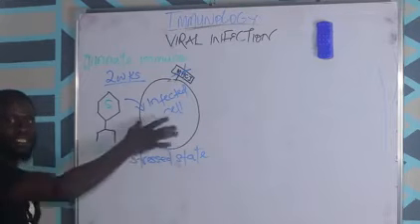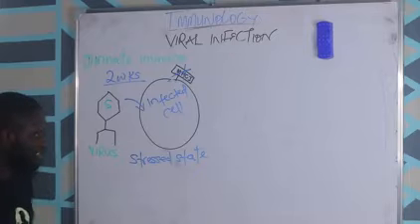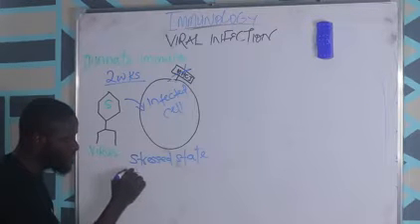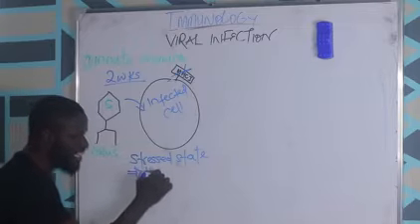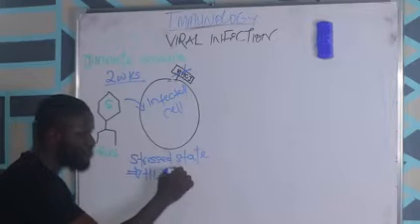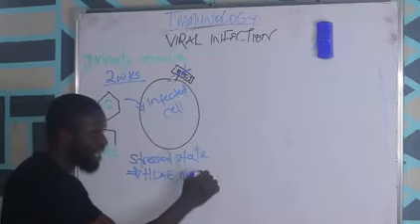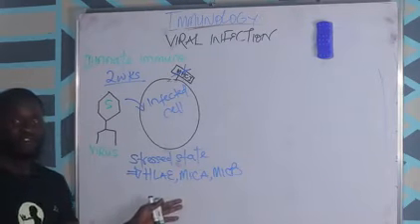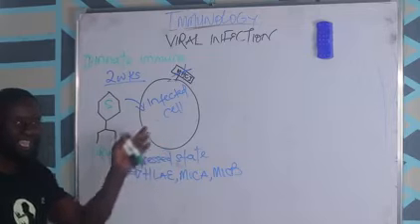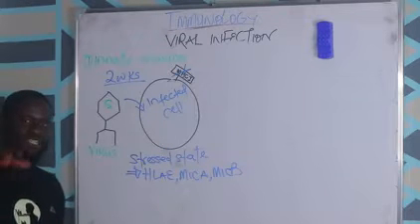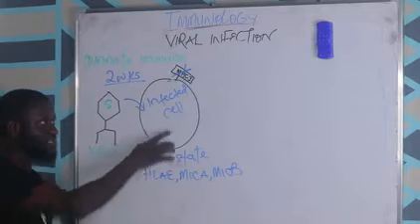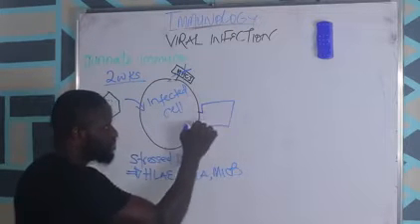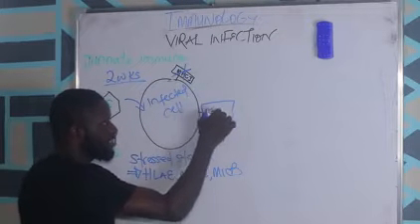And what happens when this cell is in a stressed state? It starts to express stress receptors. Examples of these stress receptors are HLA-E, MIC-A, and MIC-B.